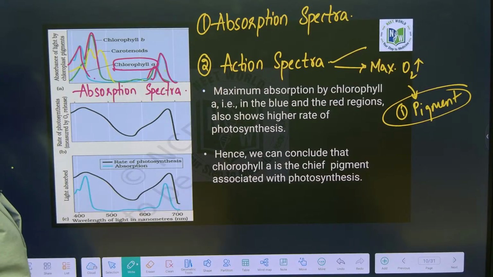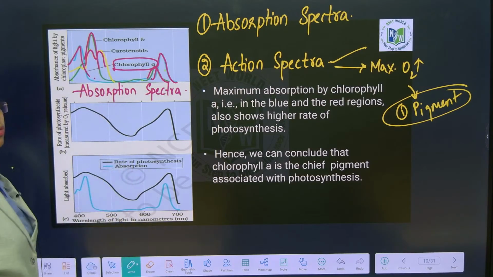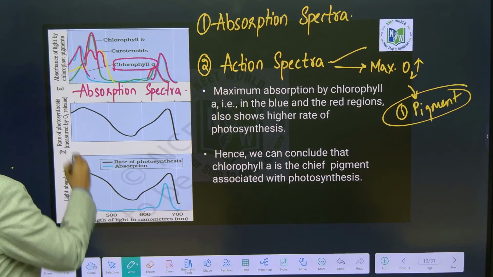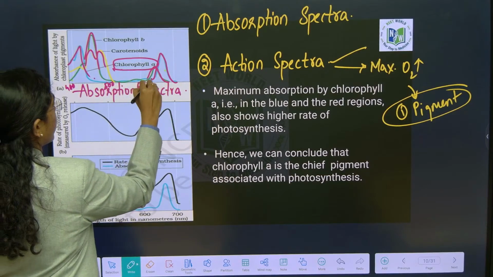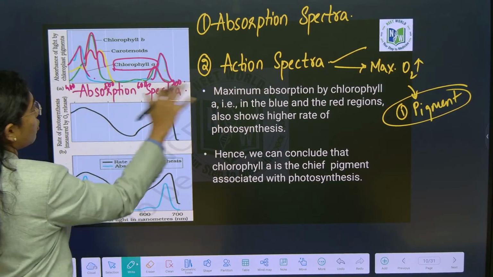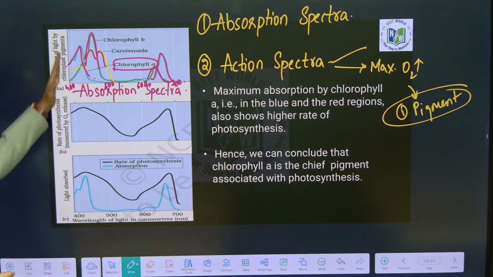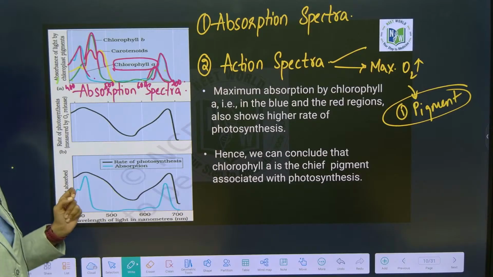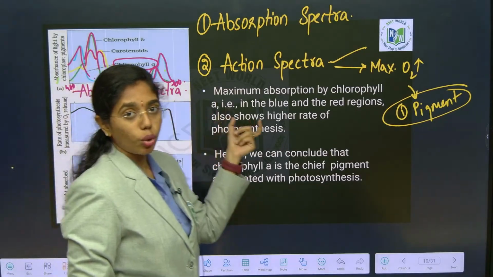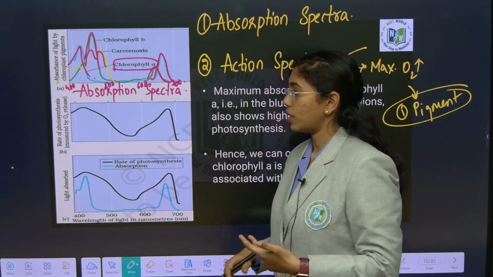And then carotenoids will show two equal peaks in between 400 to 500 nanometers itself. Here you can name 400, 500, 600 and 700 nanometers of wavelength. Wavelength is taken on the x axis and absorbance of light on the y axis. Remember what is plotted over the x and y axes carefully, and where the peaks are shown by different pigments like chlorophyll A, B and carotenoids. It is important.